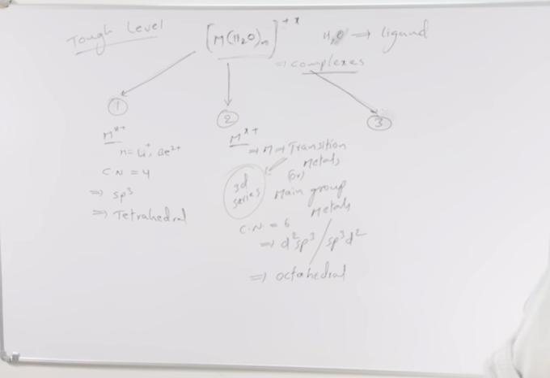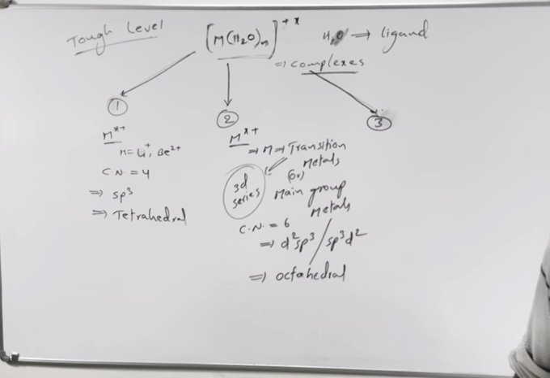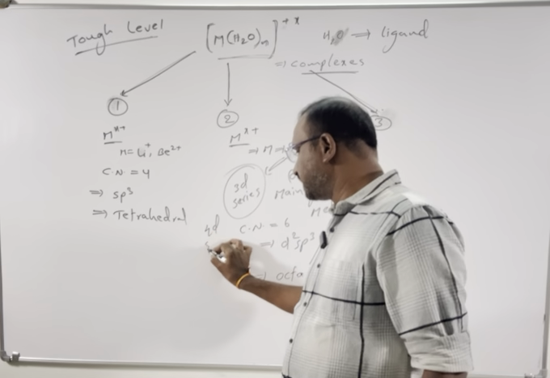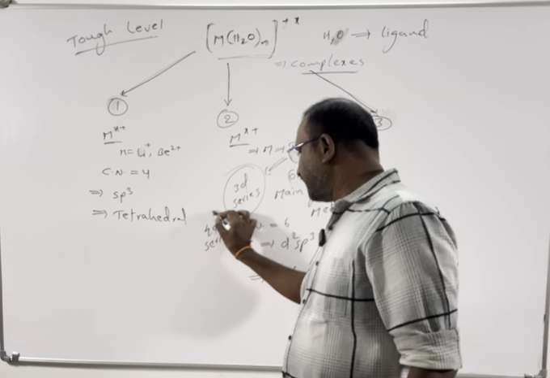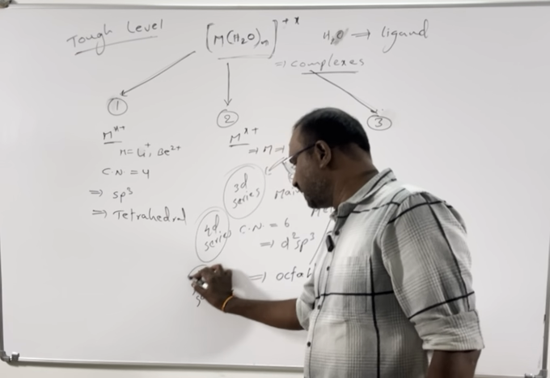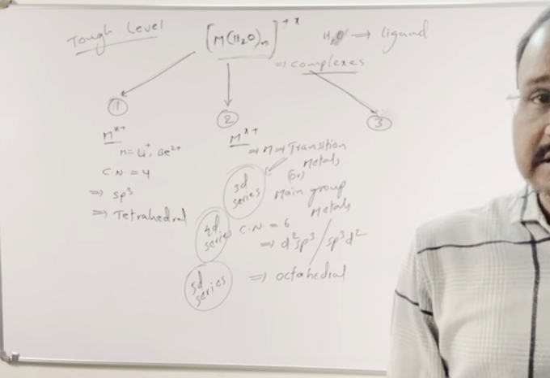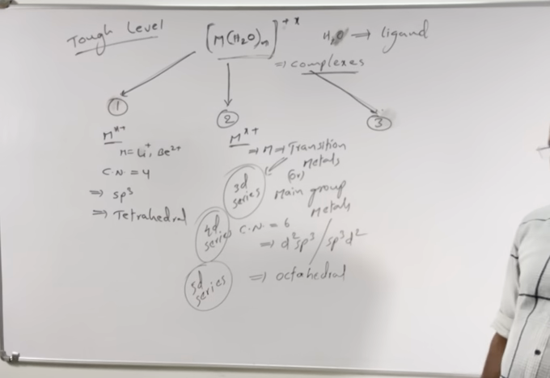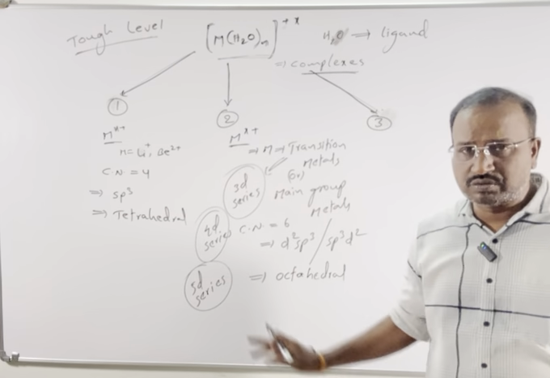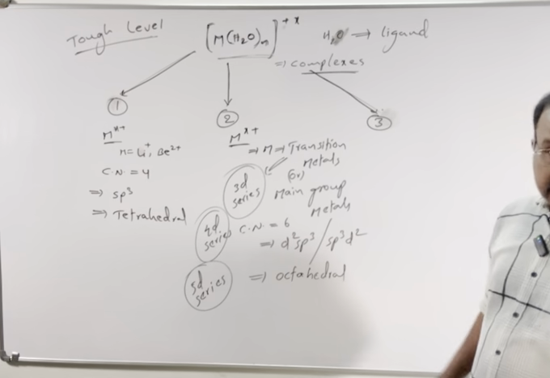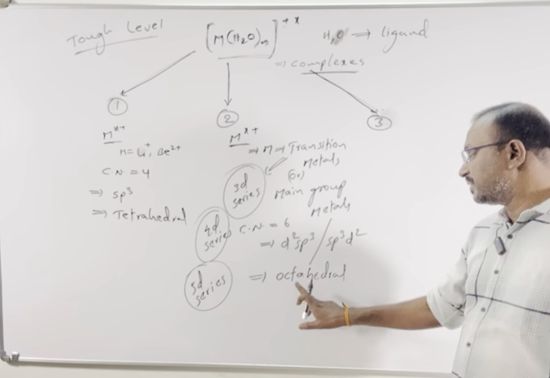No, there is no restriction of only 3d series. The transition metals may be 3d series, 4d series, 5d series or 6d series. All transition metals or main group metals, that is p block or s block metals, except the two metals. If the coordination number is 6 and the hybridization is either d2sp3 or sp3d2, the shape will be octahedral.